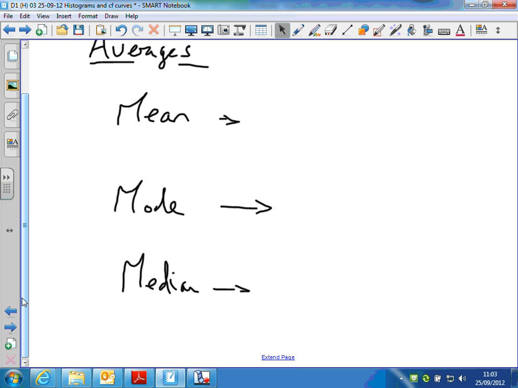Averages. Mean. What do you do to find the mean of a load of numbers? Yeah, exactly right. Add all the numbers together, which is called the sum of fx, divided by the sum of the frequencies.